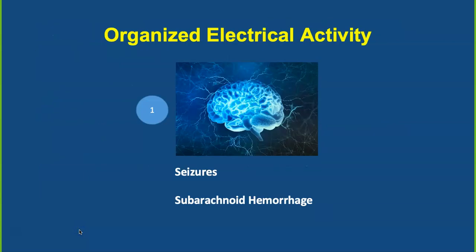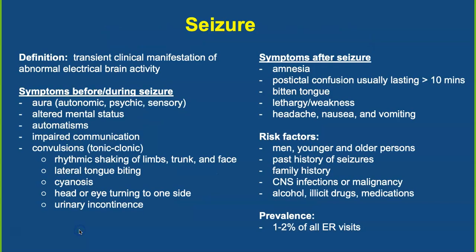Yeah, so we're going to first go through situations when electrical activity may be disorganized. Well, first we'll talk about seizure. You'll learn more about this in brain and behavior, and there are lots of different types, but the general definition is that it's a transient clinical manifestation of abnormal electrical activity in the brain.